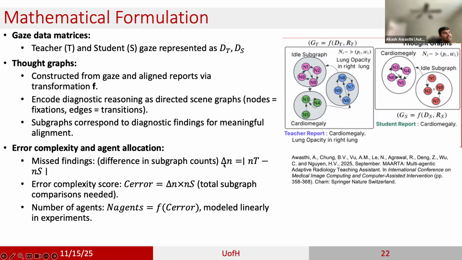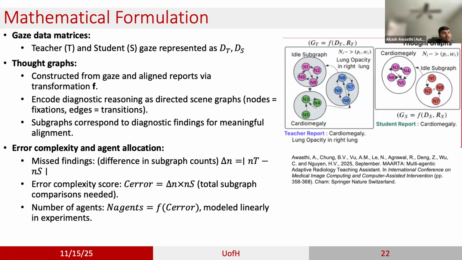First we find the number of missed abnormalities, and then we scale the number of agents based on the number of fixation points in the missing subgraph, which will tell how many errors the student made and how complex those errors were.